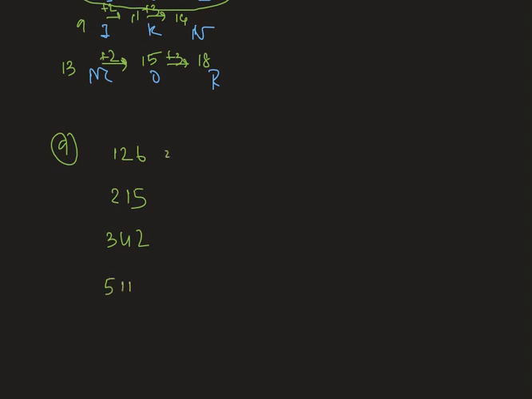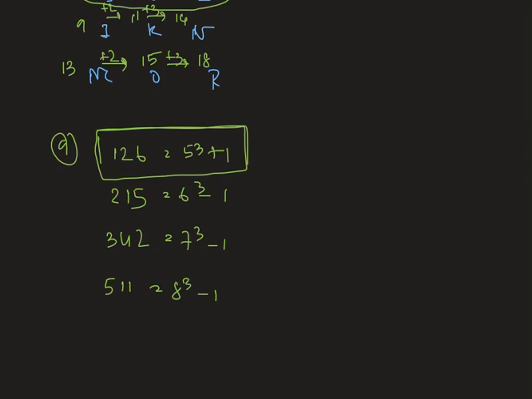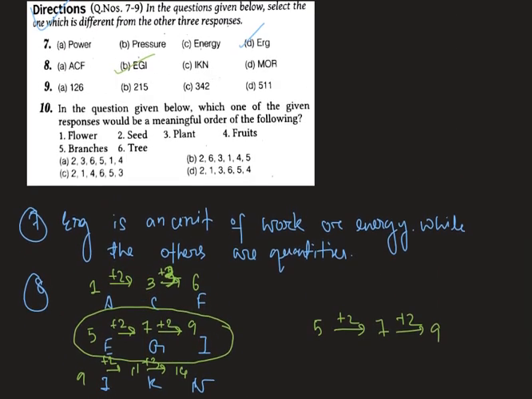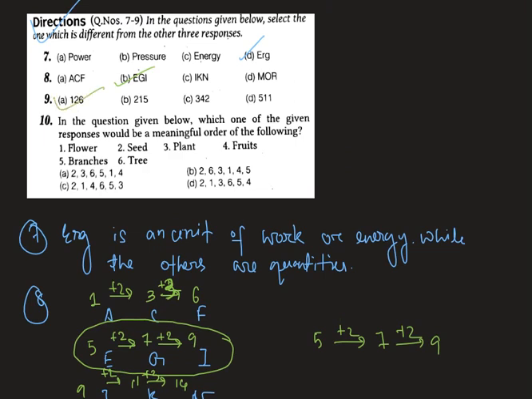Now 126 can be written as 5 cube plus 1. 215 can be written as 6 cube minus 1. 342 can be written as 7 cube minus 1, and 511 can be written as 8 cube minus 1. So here the only wrong pattern is contained by 126. Therefore our correct answer is option A.